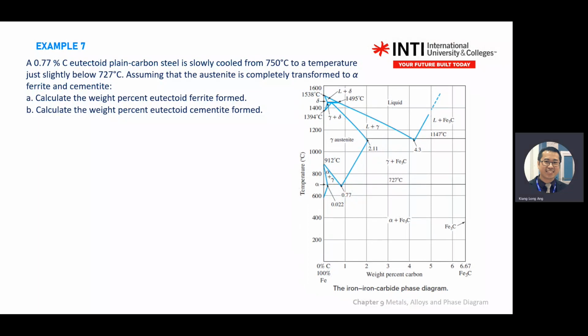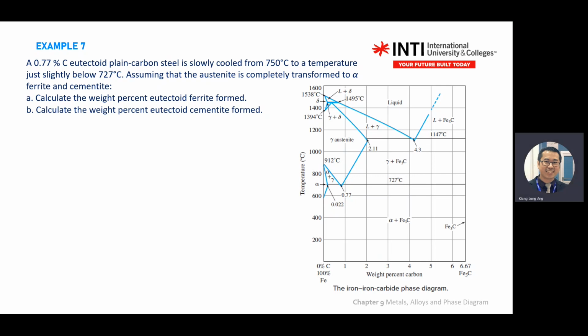Okay, I think we go for this example 7, then we call it a day. So you're given a carbon steel phase diagram. A 0.77% carbon, eutectoid plain carbon steel was slowly cooled from a certain temperature, in this case 750 degrees C, to a temperature slightly below 727.